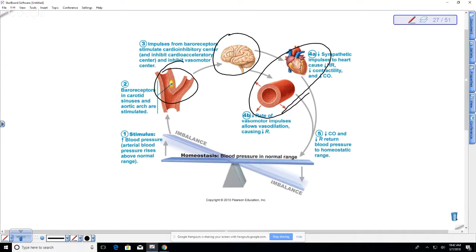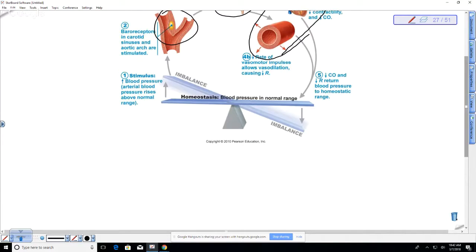So let's write that down. If blood pressure is too high, and what is that called when your blood pressure is too high? We'll talk about it. It's called hypertension, right? So blood pressure too high. Okay. Heart rate decreases.